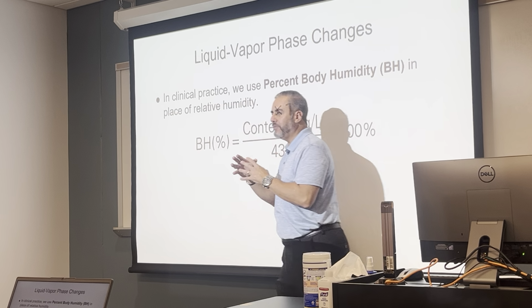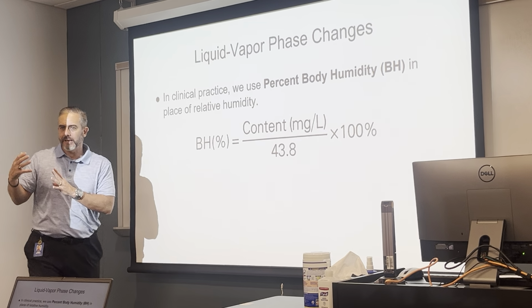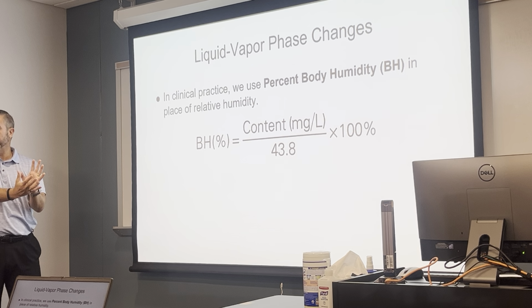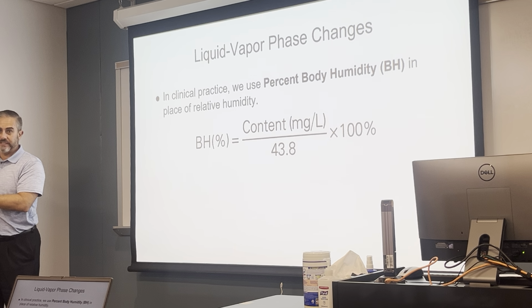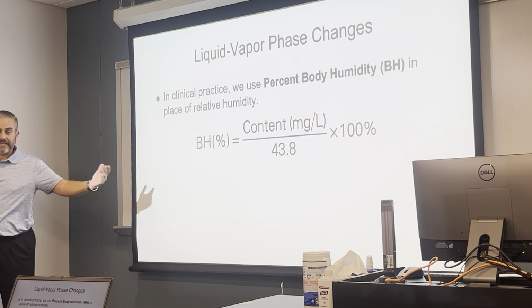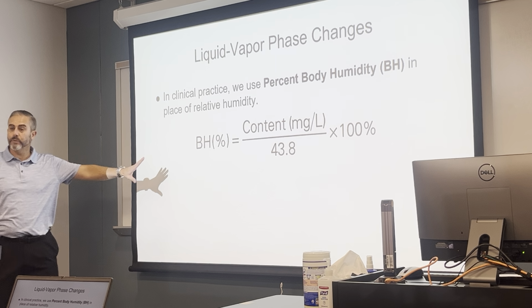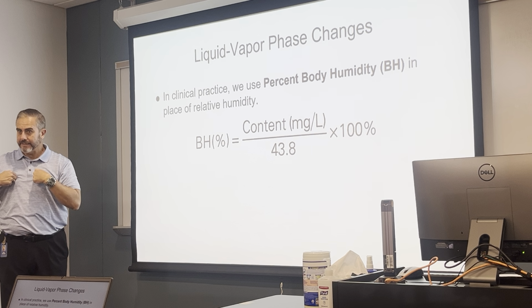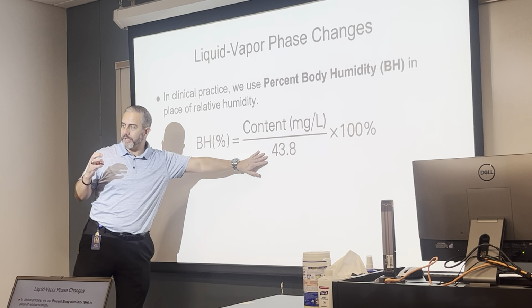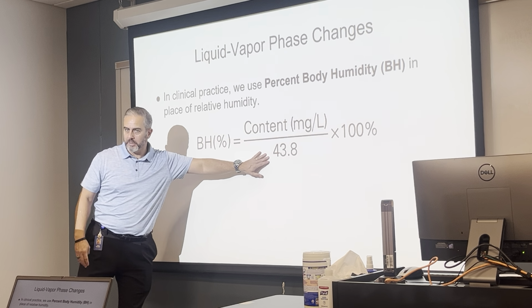It's still the relative humidity formula, except specific for the body. Whereas we know with relative humidity, change the temperature, you're going to change the saturated capacity. But this we know, well, what does the body need? The body needs normal body temperature carrying the 44 milligrams of water.